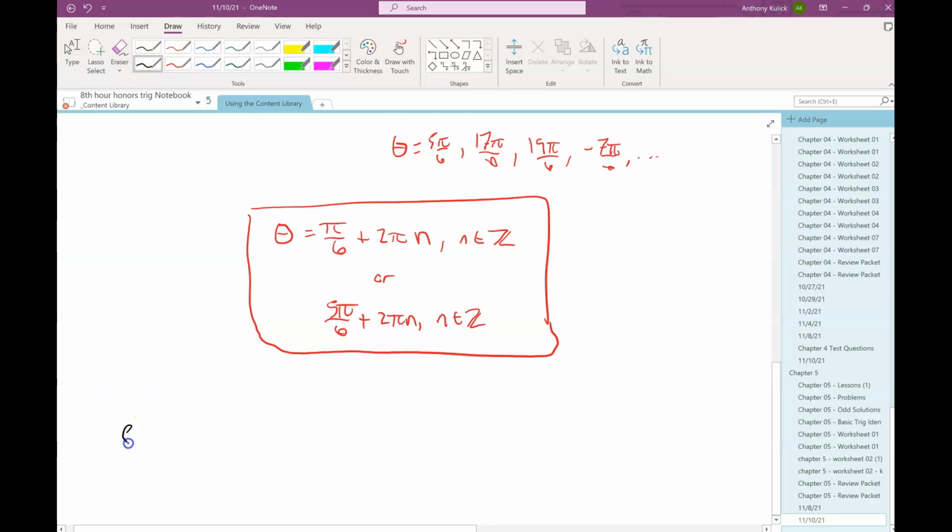What if we had asked you to, again, find the exact values that satisfy this equation on the interval from 0 to 2 pi.